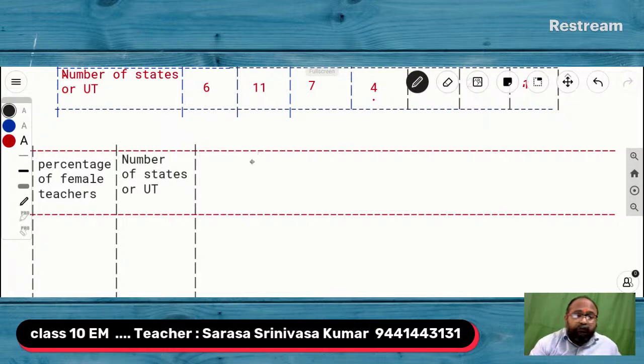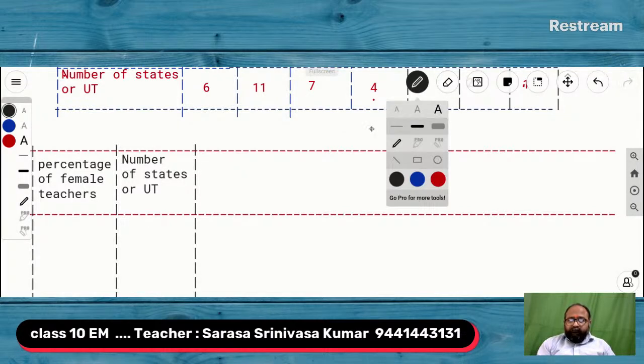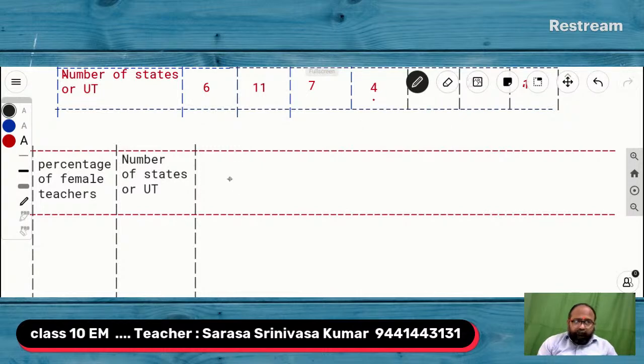Next we have XI. XI is equal to upper limit plus lower limit by 2.